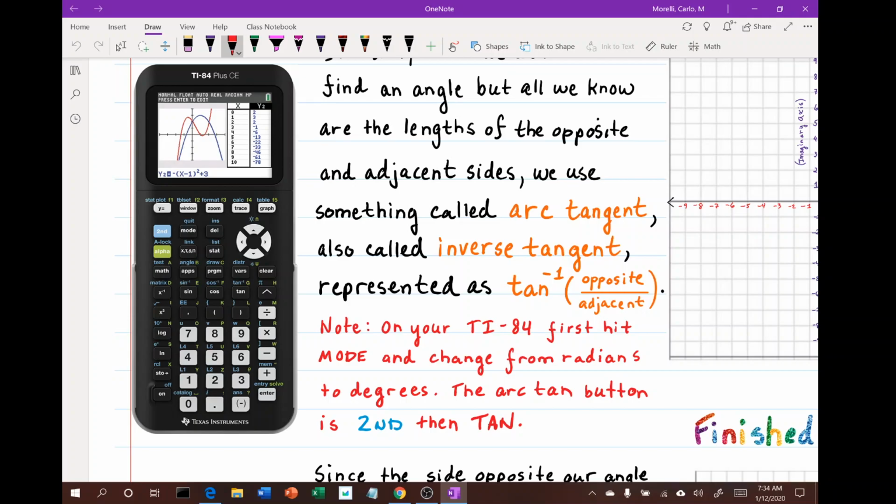Change radians over to degrees and then hit enter, and then you'll be ready to rock and roll with the inverse tangent. The arctan button or the inverse tan button is second, then tan. So here's the second key and here's the tan key. So that's tangent, arc tangent.